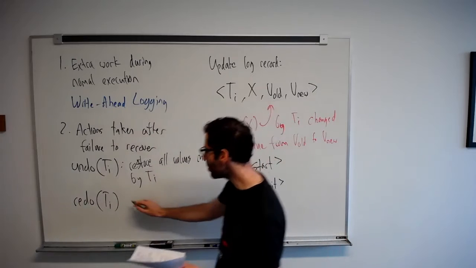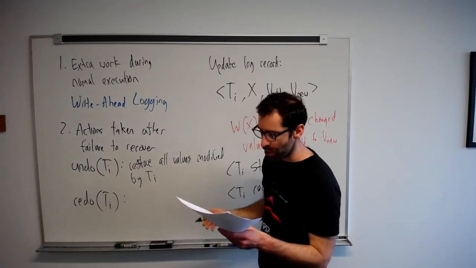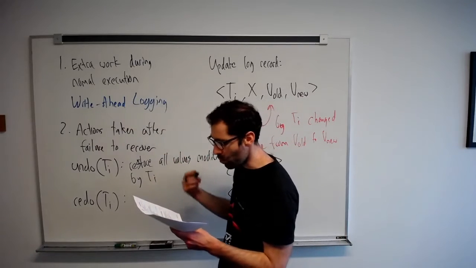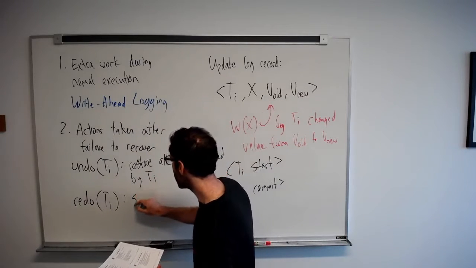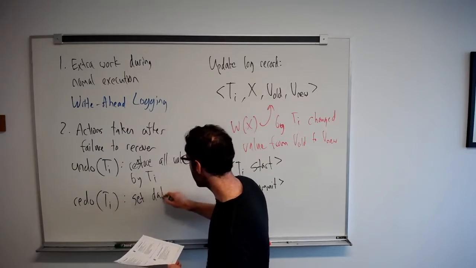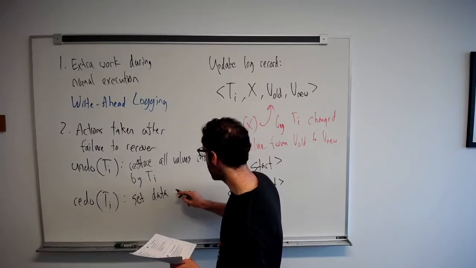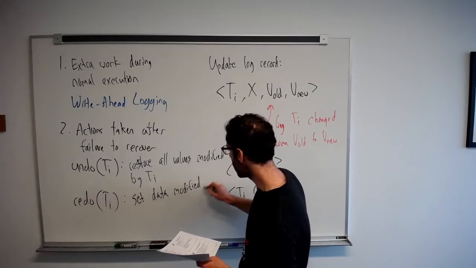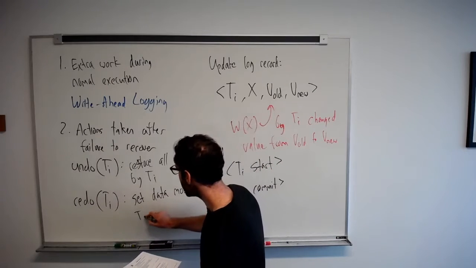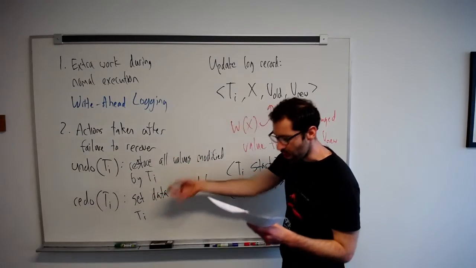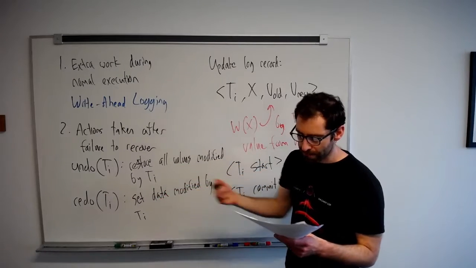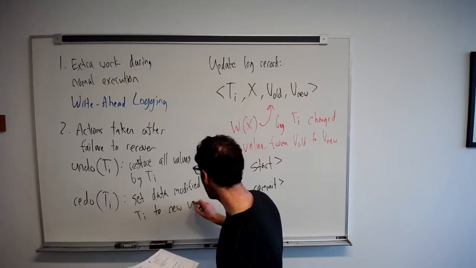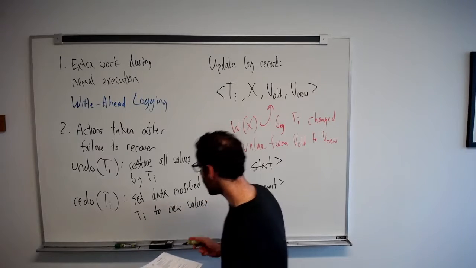For redo, we're going to want to replay history. We're going to set the data that Ti would modify to the new value.